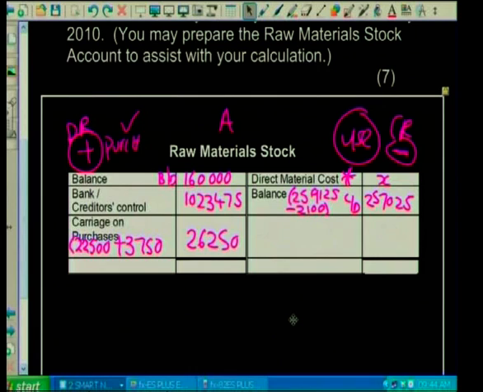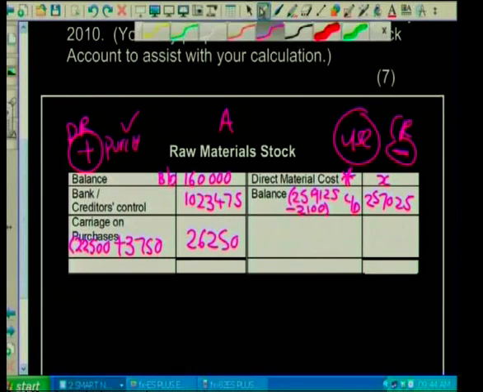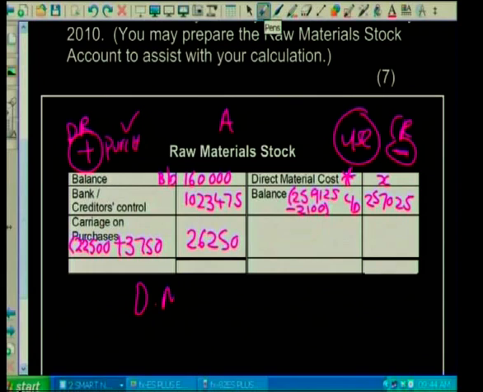Okay, so our X, our direct material cost, is an amount of 952,700. Right, happy with that. We've got the first part for our production cost statement, our direct material cost.